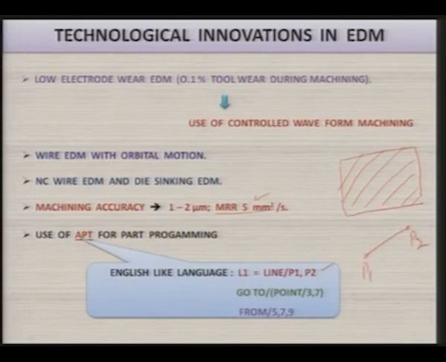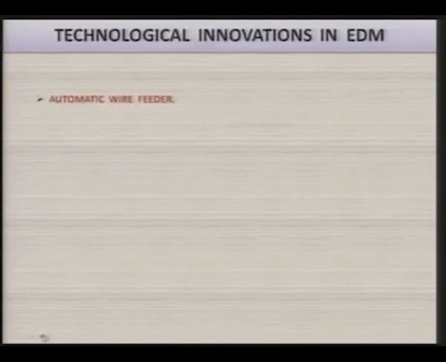Now, go to point 37, there is some point 37 over here, where x coordinate is 3, y coordinate is 7. So, you are giving the instruction to move the tool to that particular point, or to move from 5, 7, 9, this is a 3D point where x is 5, y is 7, z is 9 coordinate, and from there tool is to move. So, this kind of language that you are using is known as APT language, you can use it and it becomes quite simple.